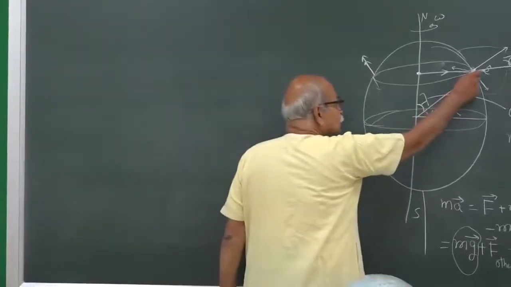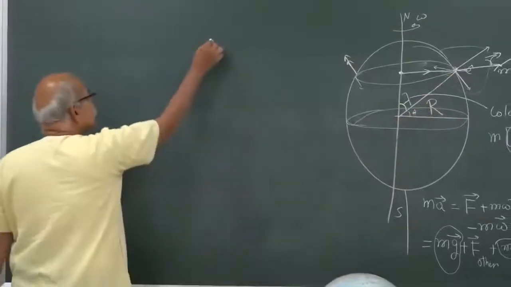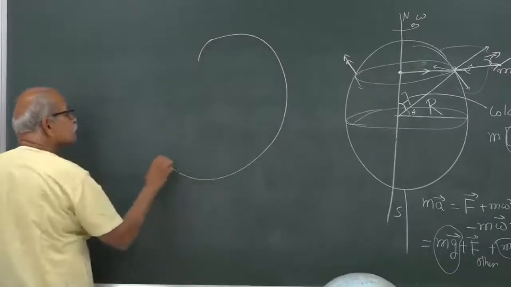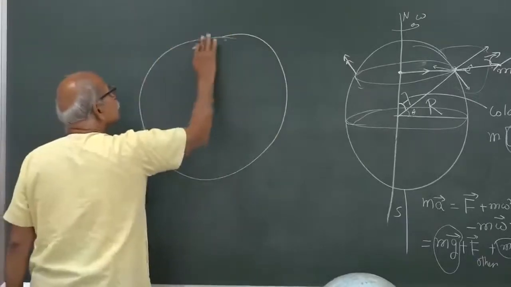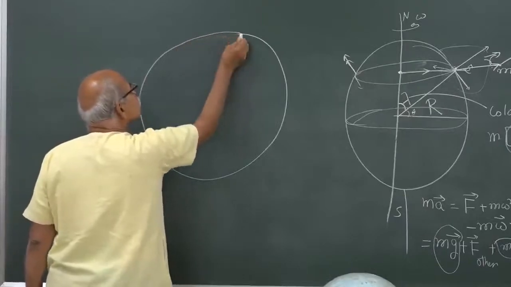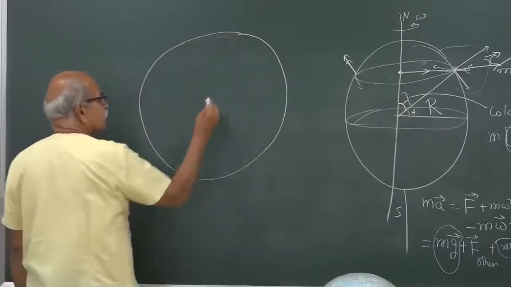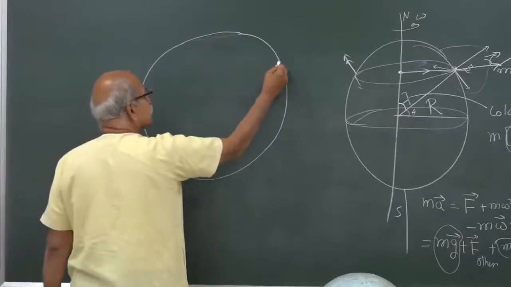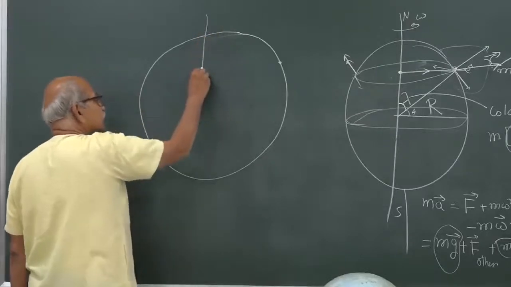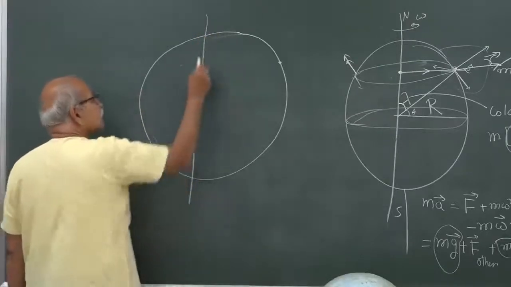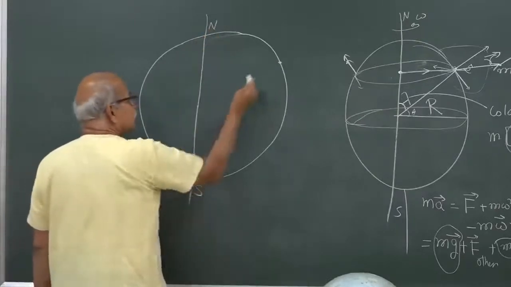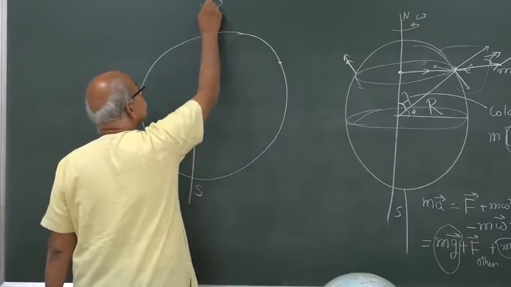Your g is towards the center. So, let me draw another circle, because that is too clumsy. Okay, and suppose I am here, this is the center of the earth, this is that rotation axis N and S, okay, and then this point is going, this earth is going this way.